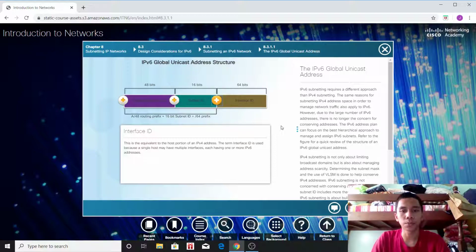The term interface ID is used because a single host may have multiple interfaces, each having one or more IPv6 addresses. IPv6 subnetting requires a different approach than IPv4 subnetting. The same reasons for subnetting IPv4 address space in order to manage network traffic also apply to IPv6.